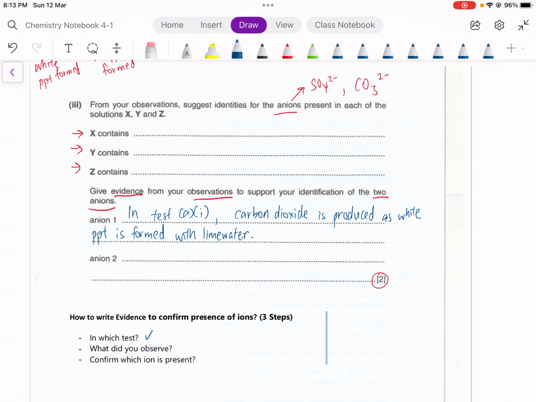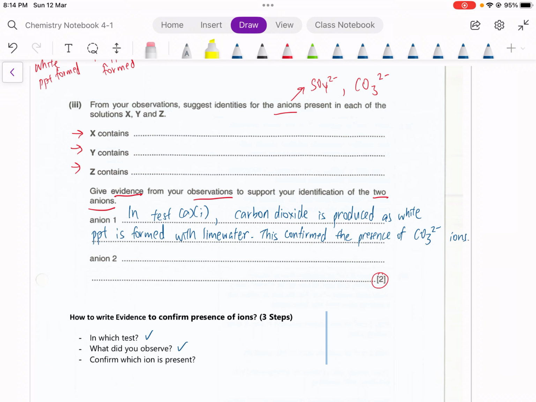Once you're done, you need to tell me what it tells me. So this confirms the presence of carbonate ions. So this is how you write.